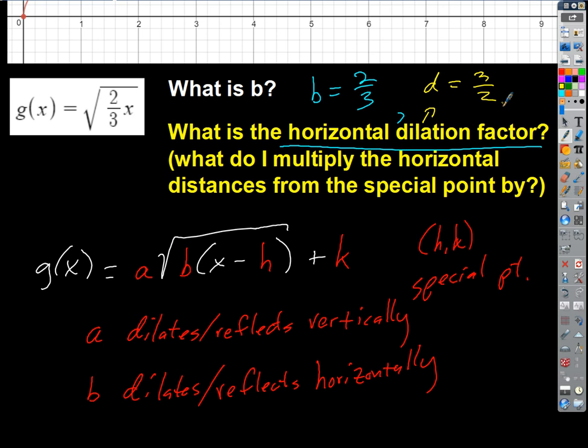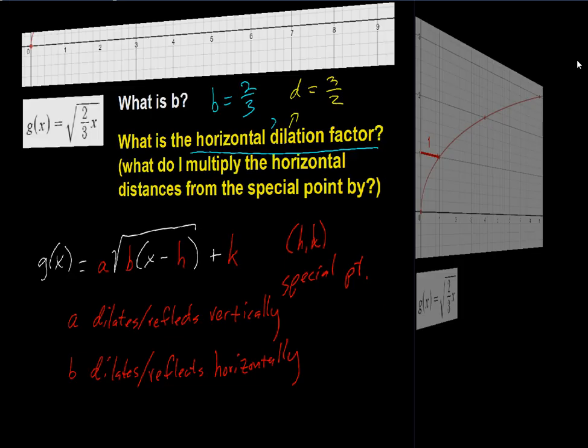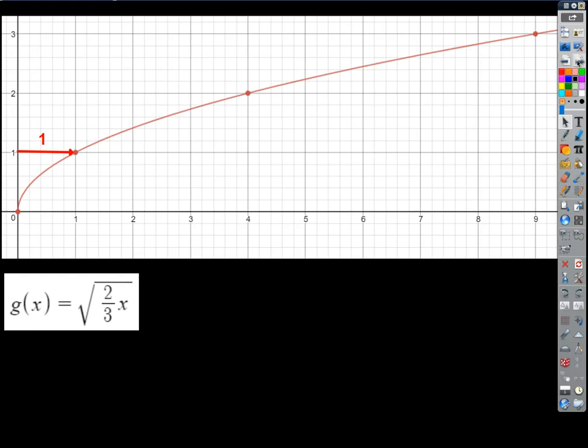So now what? If we're going to multiply by 3/2, then let's start off with this point. Each of these points on the parent graph, we always start by comparing to the parent graph. This is our starting point, and then we're going to tweak it by dilating it horizontally. So for a vertical difference of 1, the horizontal distance from the vertex, and that's what we're dilating, right, is the distance of each of these points horizontally from the vertex.